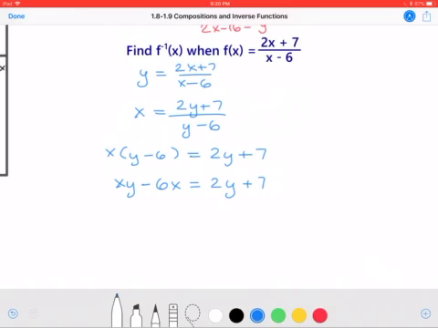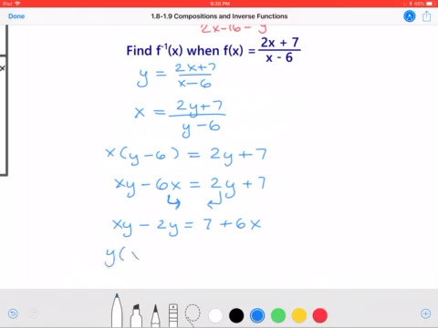So sort of your goal is to get all of your y stuff on one side and all of your not y stuff on the other side. What I mean by that is I'm going to subtract that 2y over here, and then I'm going to add that 6x over here. I'm just rearranging so I can get all the y's on one side. And here's that final step.